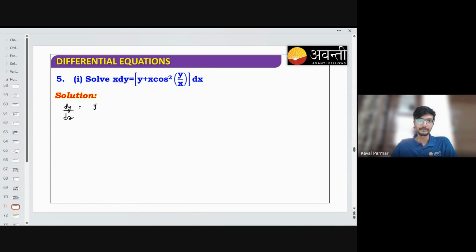It will be y plus x cos square y by x upon x, right? So if I split the denominator, I'll get y by x plus x and x will get cancelled from here, cos square y by x. This is my dy over dx.